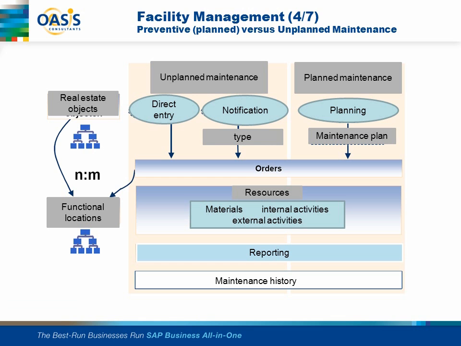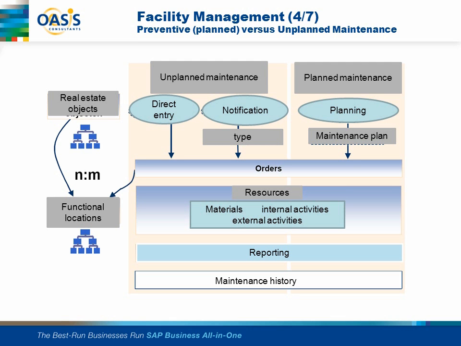Now we have two types of maintenance. We have planned maintenance, meaning that you know beforehand how many and when the maintenance will happen. I give an example. An elevator should be examined and controlled every year. So every year you will have a maintenance activity, meaning controlling the elevator. But you have unplanned maintenance. I go into a room and I see, for example, that the beamer is not working.